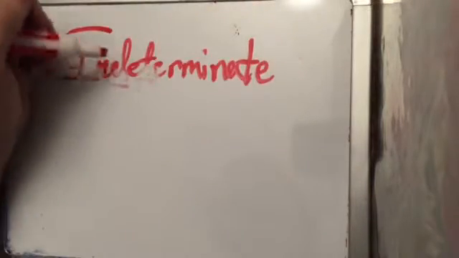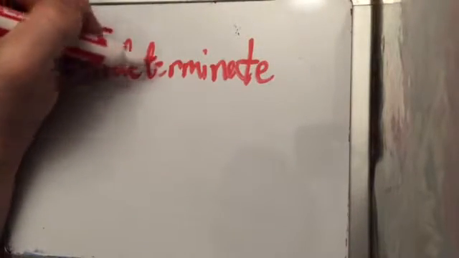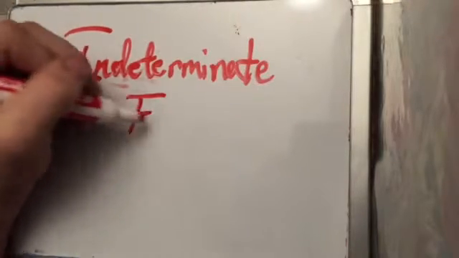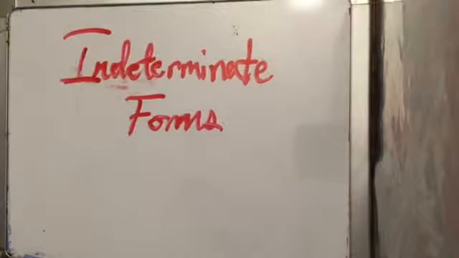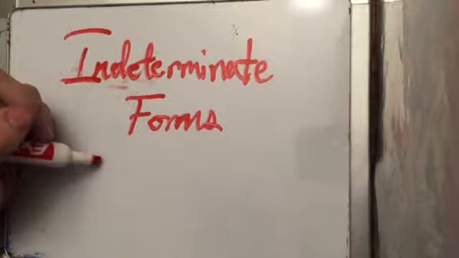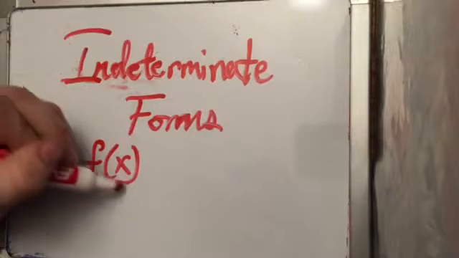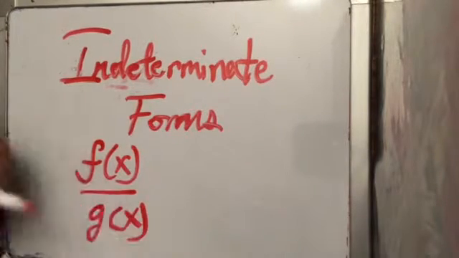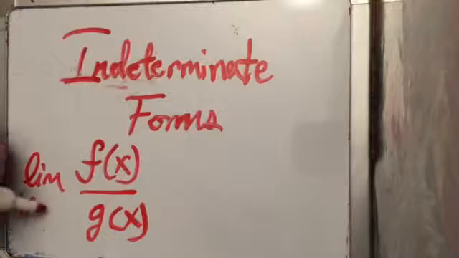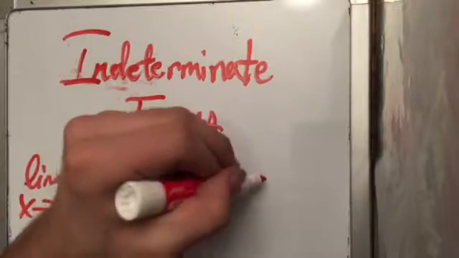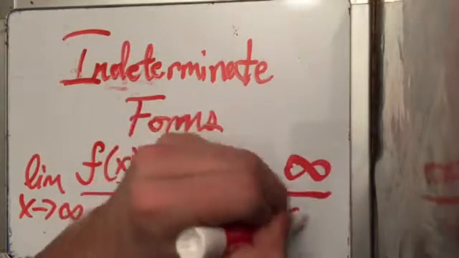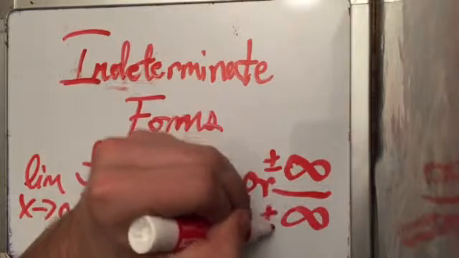Indeterminate forms are essentially the forms in which you would have one function over the other, like f of x over g of x, and the limit as x goes to infinity ends up being a fraction that is either 0 over 0 or infinity over infinity, which is positive or negative.